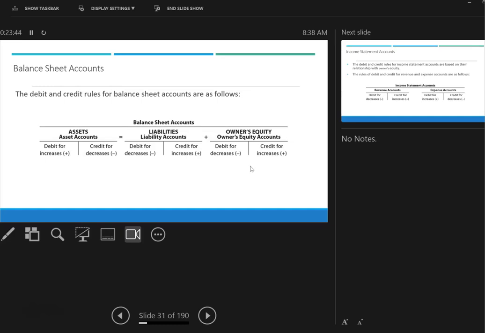So here you see with an asset, a debit is going to show increases in asset accounts. And think about it, assets are on the left-hand side, aren't they? So since assets are on the left-hand side, the normal balance for assets will be a debit.